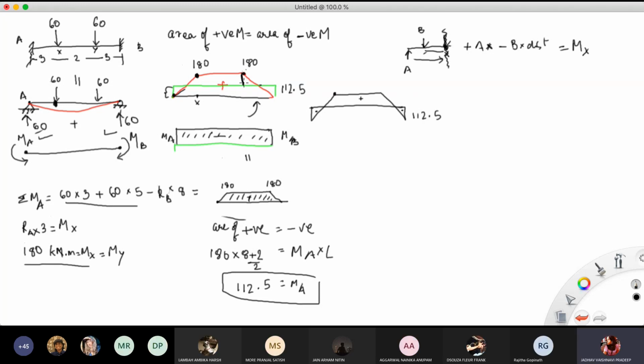Rajita, why have you marked MB as 112.5? Because MA and MB both, since the loads are acting equally, are equidistant and are of equal value, we can assume that MA is equal to MB. Okay?